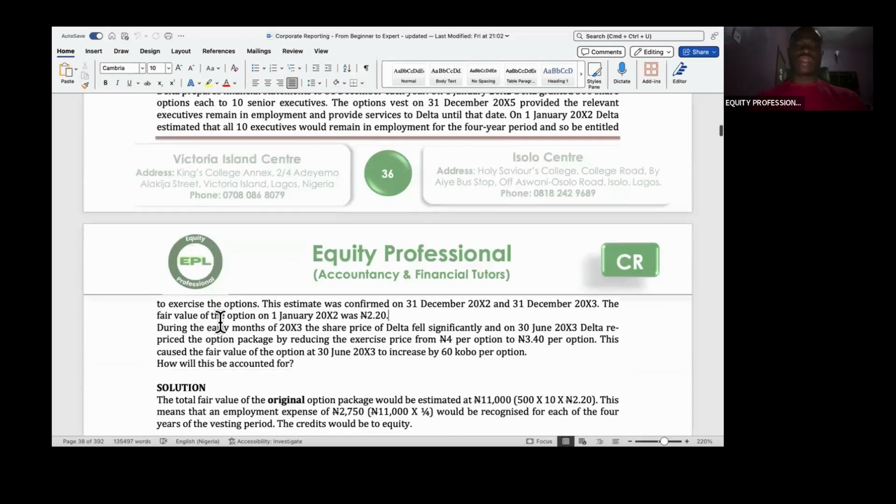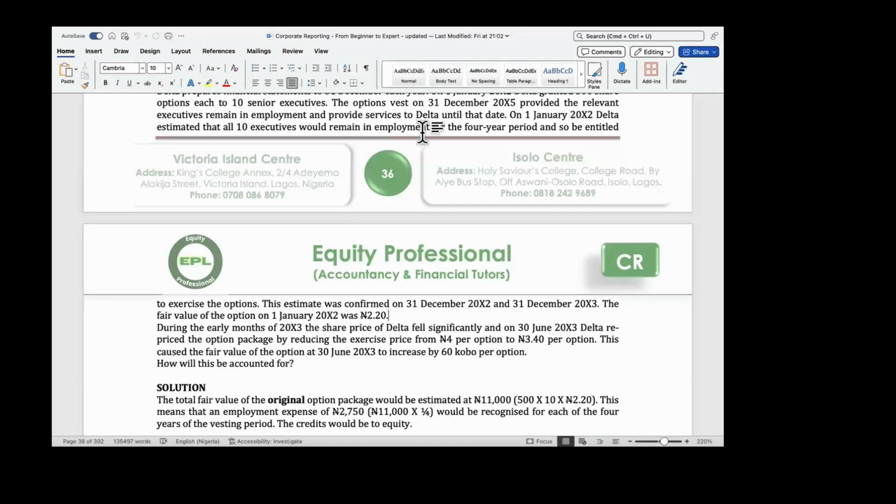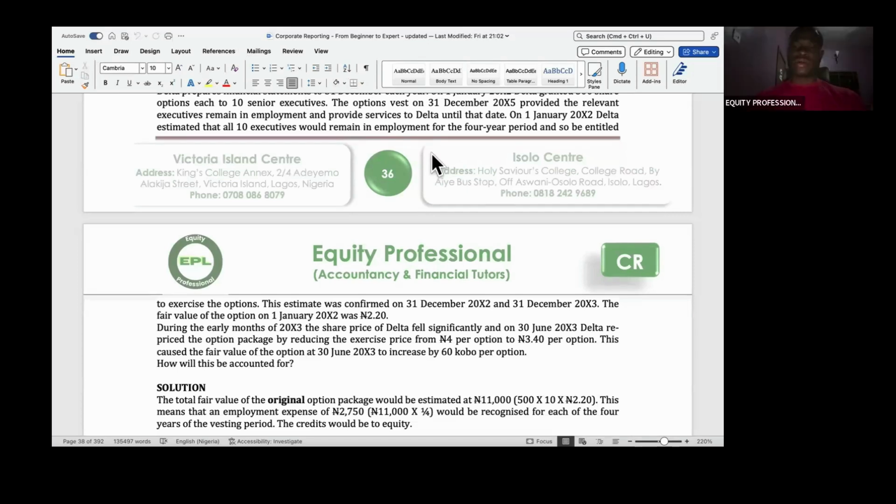We're now told that during the early months of 2003, the share price of Delta fell significantly, and on 30th June 2003, Delta repriced the option package by reducing the exercise price from 4 naira to 3 naira 40 kobo per option.